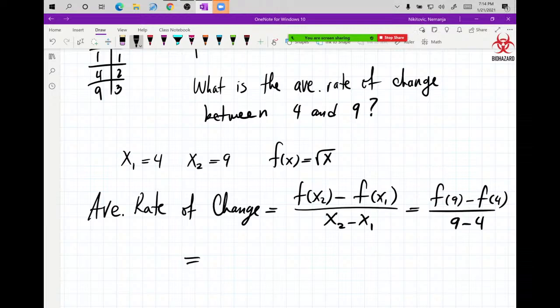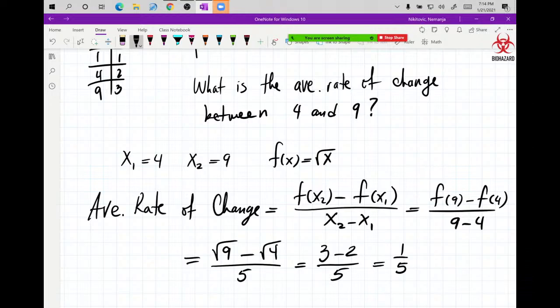My function is root x, so f of 9 must be root 9 minus root 4, divided by 5. Root of 9 is 3. Root of 4 is 2. And what I get is 1/5. So the average rate of change between 4 and 9 is 1/5.